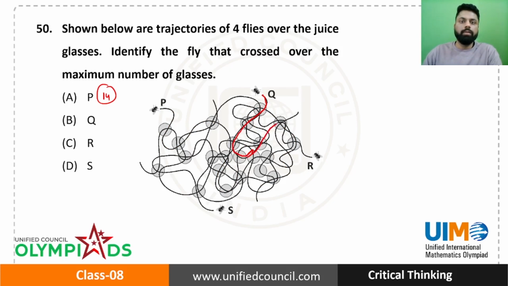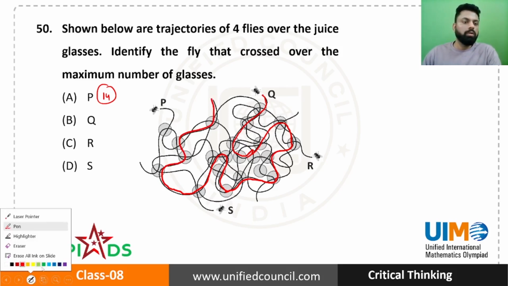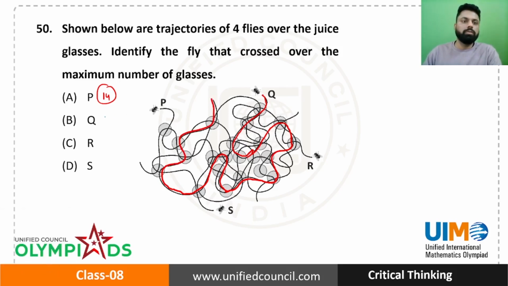For Q: 1, 2, 3, 4, 5, 6, 7, 8, 9, 10, 11, then 12, 13, 14, 15, 16, 17, 18, 19, 20. This is for Q. So it is 19.